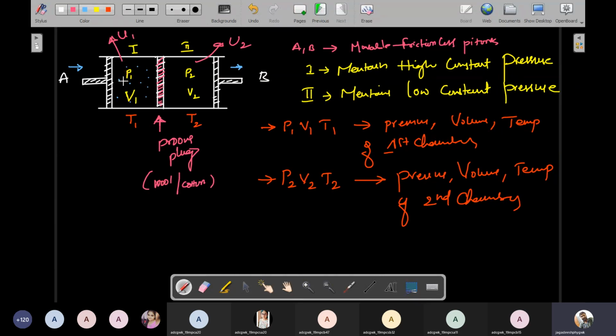So this is the initial energy of this gas. Before passing through the porous plug, it maintains U1. After passing through the porous plug, it maintains internal energy U2.